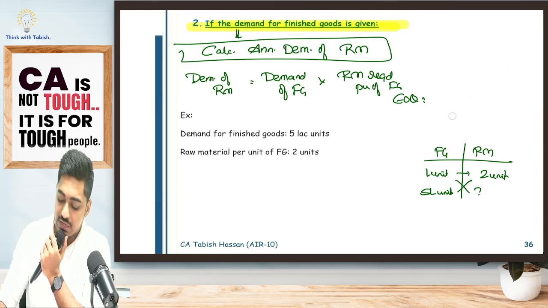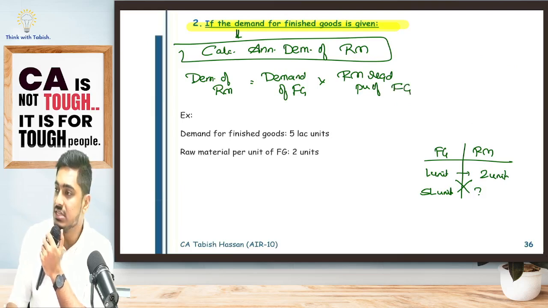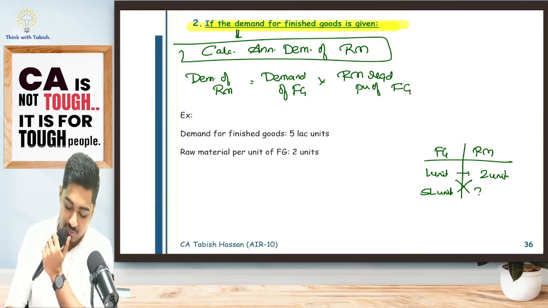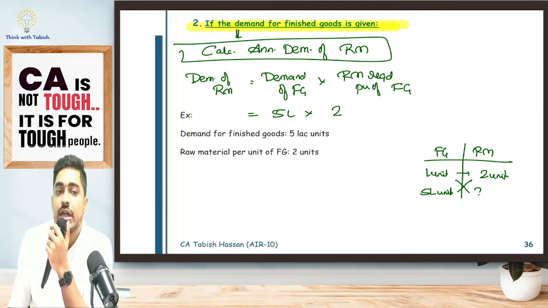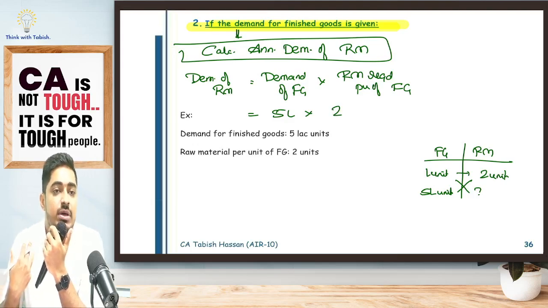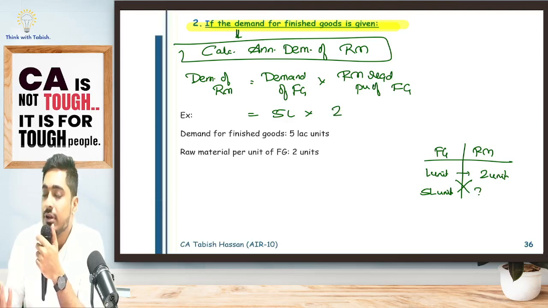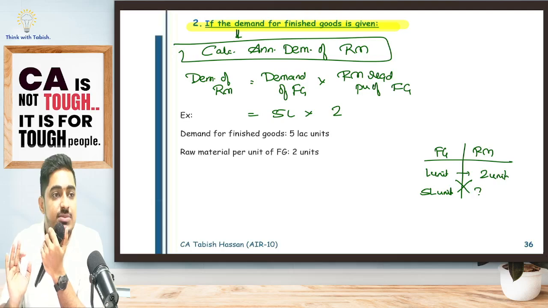Is this formula needed? Do I know this formula? No. In front of you, I randomly scribbled it because I can see it is 5 lakh into 2. What is 5 lakh? Demand of finished goods. What is 2? For 1 unit, how much is needed? I created the formula. I do not even memorize a single formula. In front of you, I'll tell you a story and write it. As simple as that.